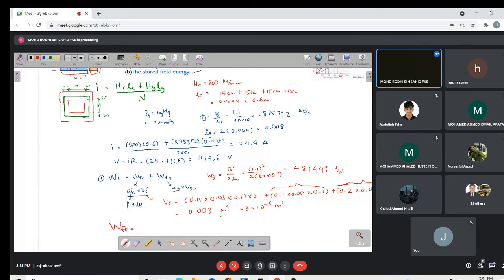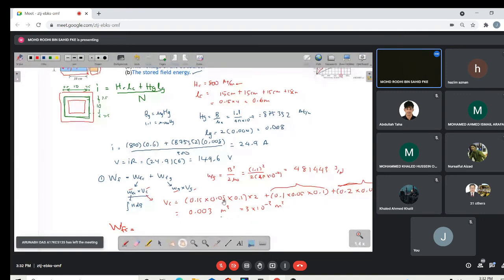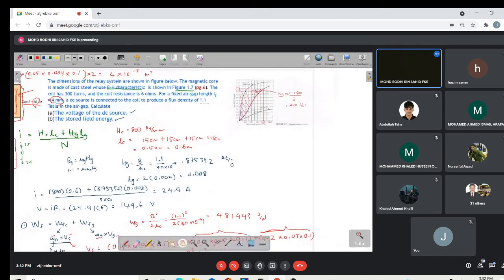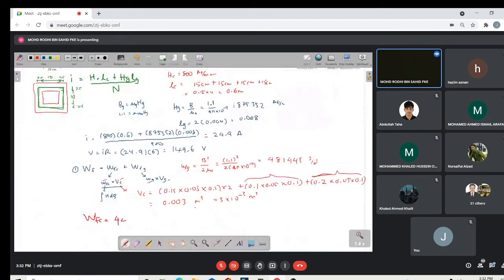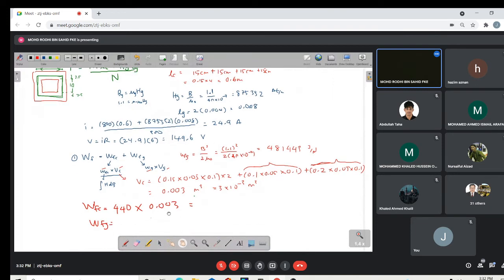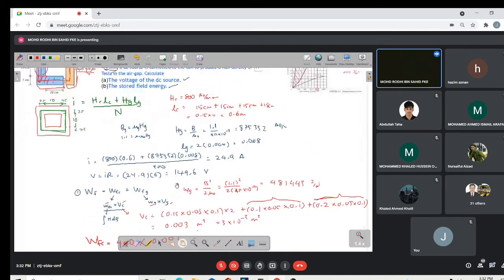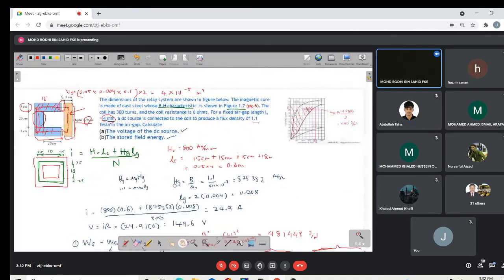It is the energy field density of the core, which is what just now? 440. Multiply with the volume here, 0.003. And then the energy at the air gap, which is 481,443, multiply with the volume of the air gap, 4 times 10 to the power of -5.